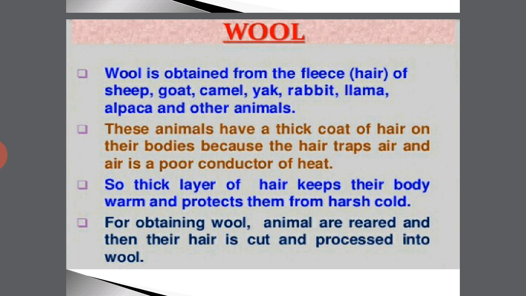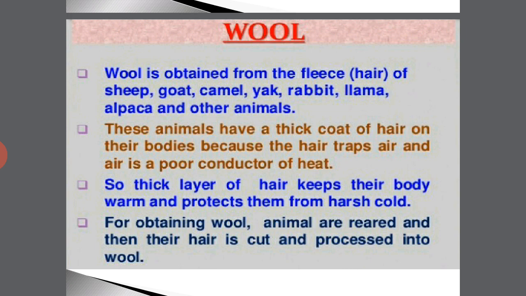We already discussed this slide, but I added it to keep the momentum going. When the air is trapped in the hair of these animals, it protects them from heat also. So the thick layer of hair keeps the body warm and protects them from the harsh cold.